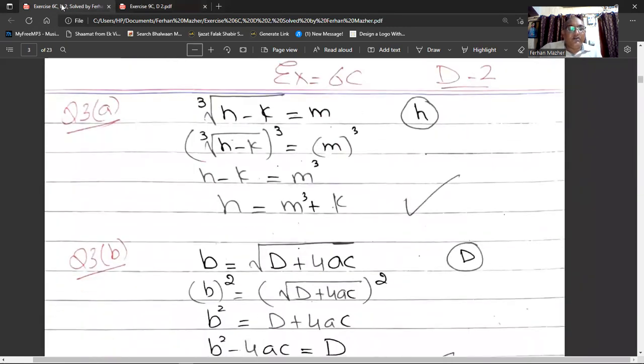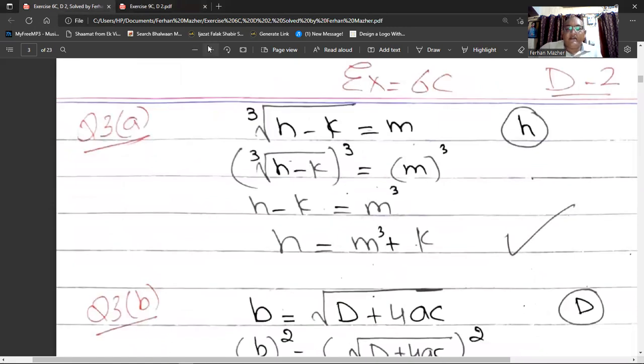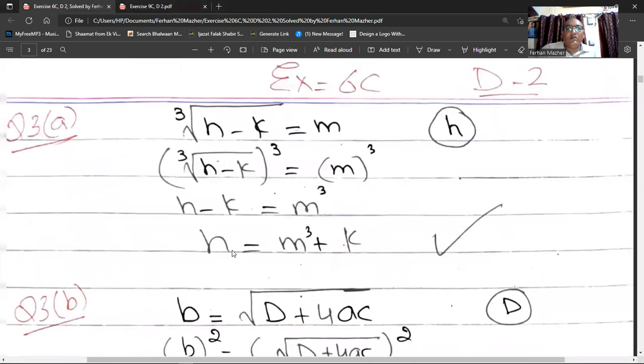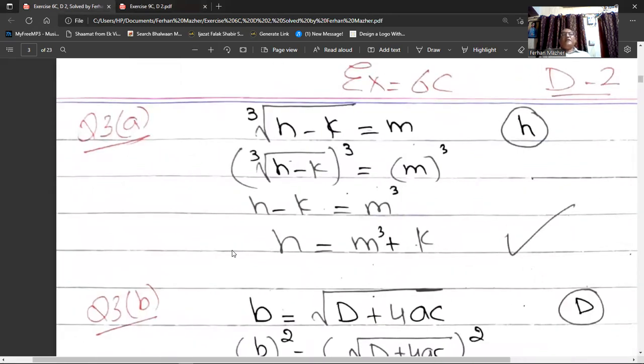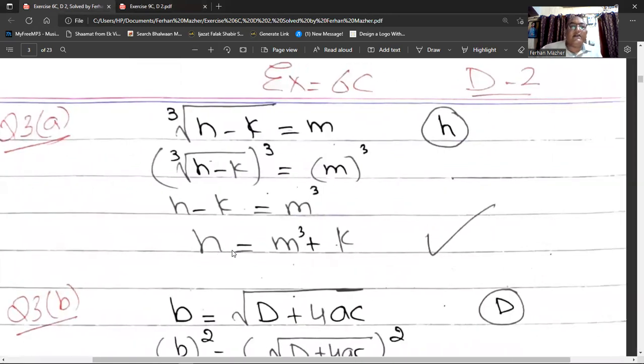So here we go on your screen. We will take the cube on both sides. So that cube and the cube root will be cancelled.